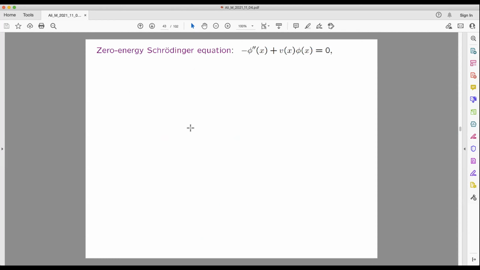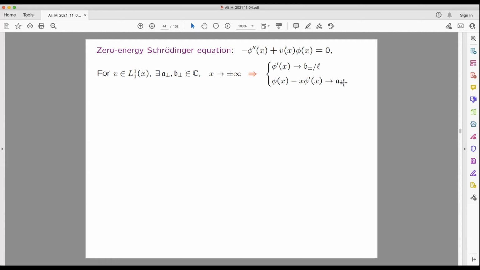Now, as I mentioned, all this is related to the solutions of the zero energy Schrodinger equation. If you take any of these potentials, even L11, which is the largest class, you can show that the solutions of the zero energy Schrodinger equation tend, at x to plus or minus infinity, to the following: the derivative goes to a constant, and the function minus x times the derivative goes to a constant.